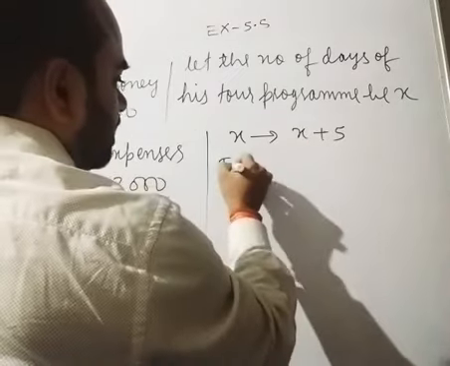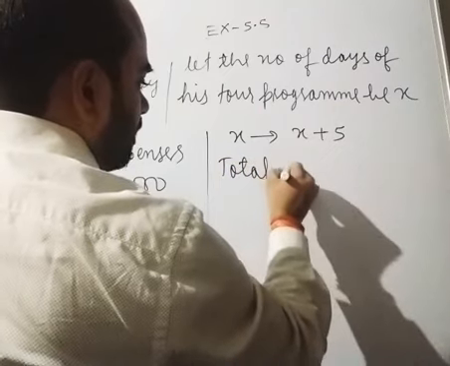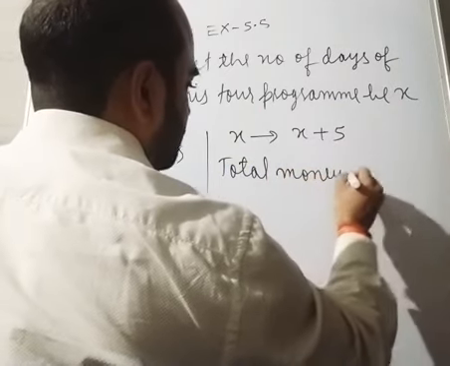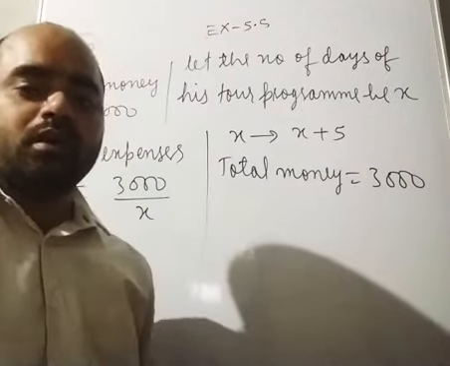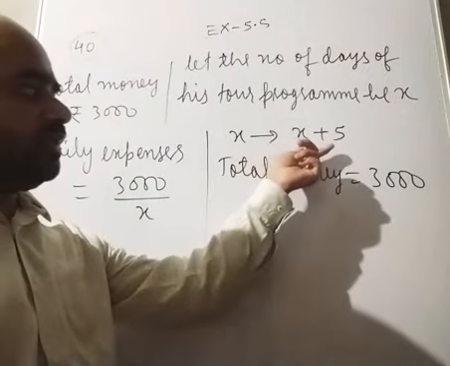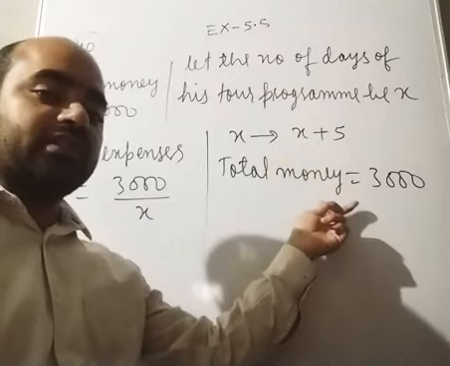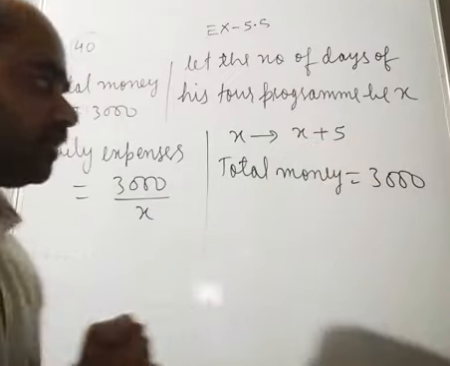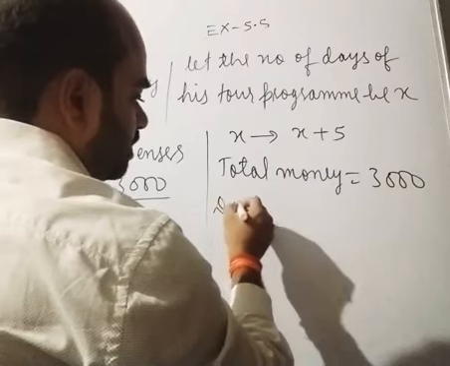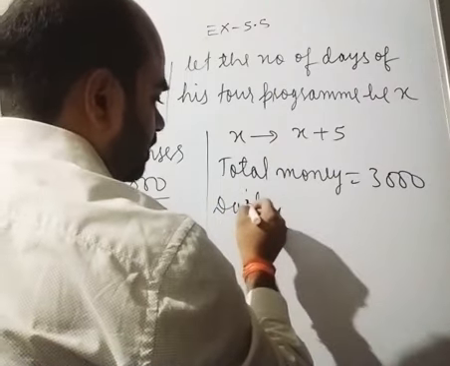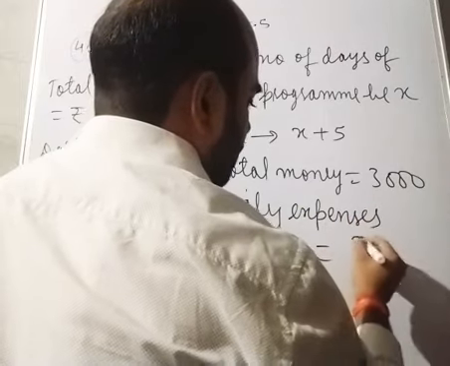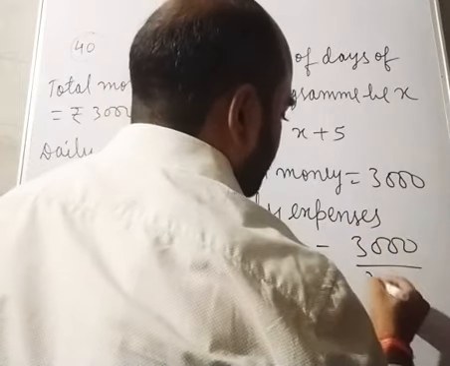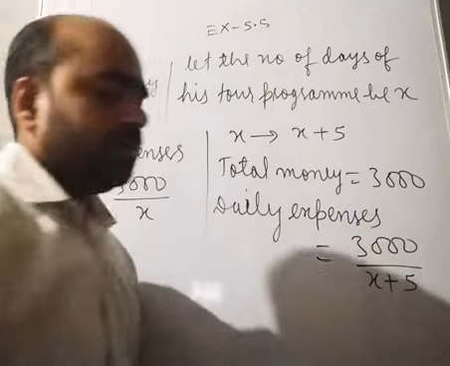Total money remains the same, 3000, correct? Clear? The number of days is extended to x plus 5, but total money is not changed. What is changed? Daily expenses. Now what is the daily expense? Total money divided by total number of days, correct?